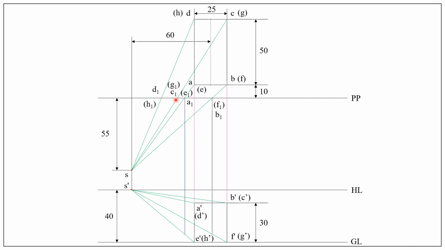Now from C1 G1, draw a perpendicular until it cuts S dash C dash and S dash G dash. Finally, from D1 H1, draw a perpendicular until it cuts S dash D dash and S dash H dash.